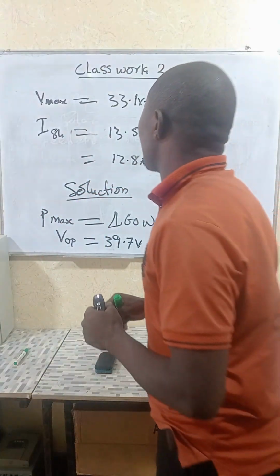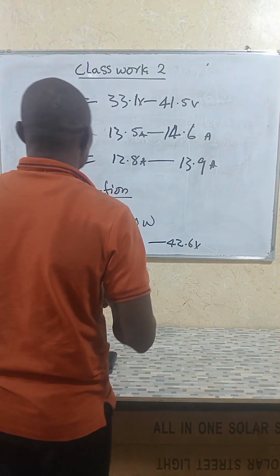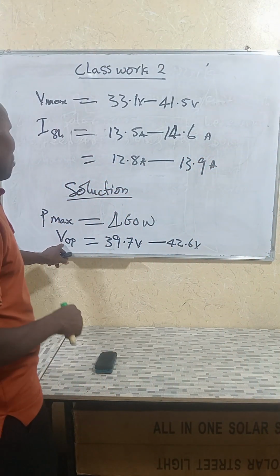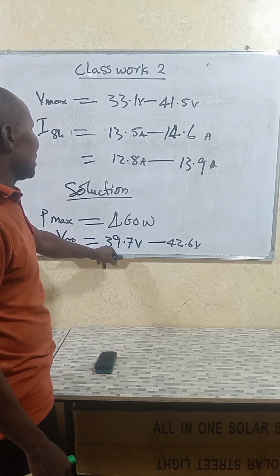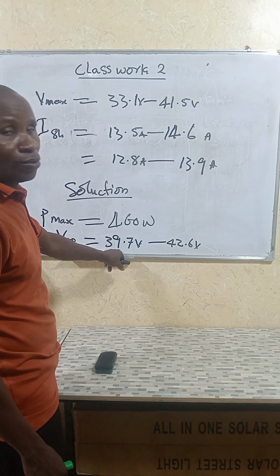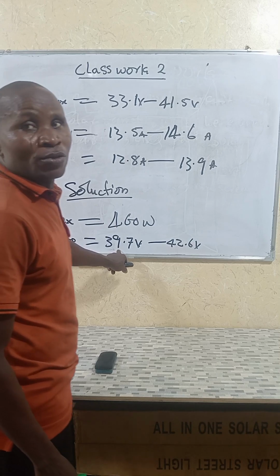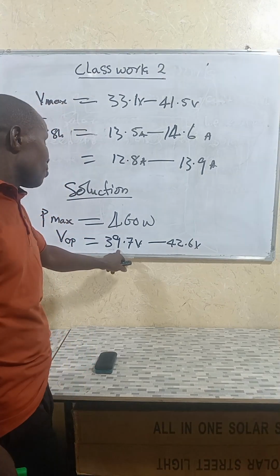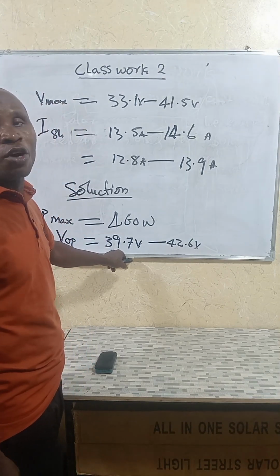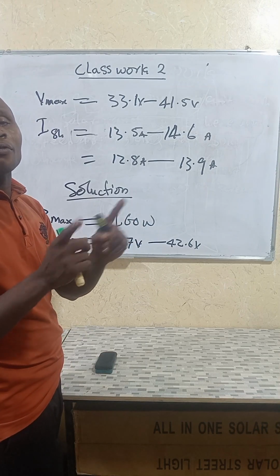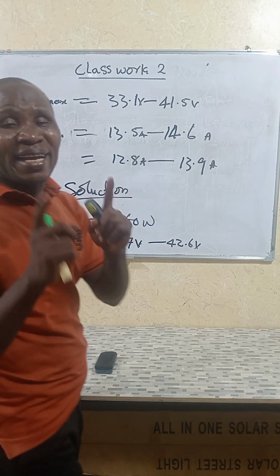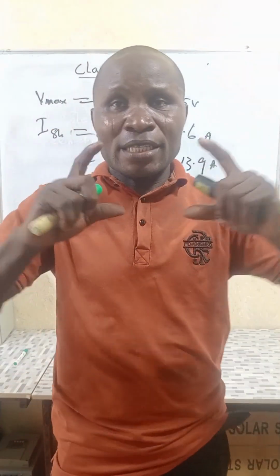The open circuit voltage here is 39 volts. This 39 is not up to 48. Therefore, we have to connect two panels in series to get the 48.